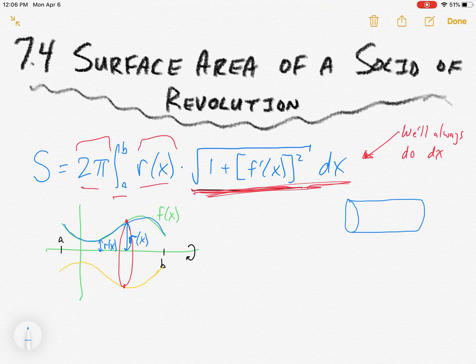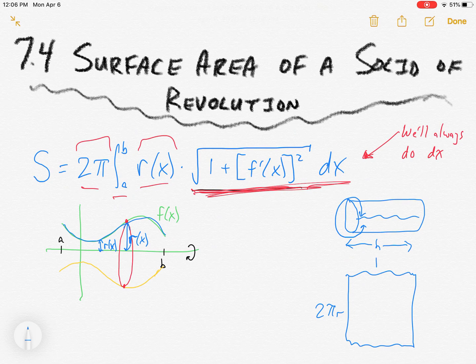So this reminds me a lot of the formula for the volume of a cylinder. And I drew it sideways to make it look kind of like this. If you take a cylinder, like a soup can, you tear the label off, then this dimension here is what?